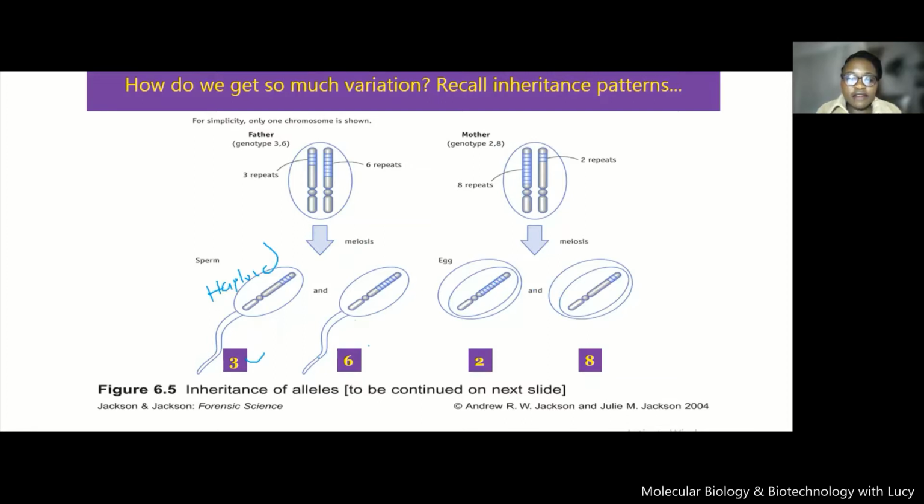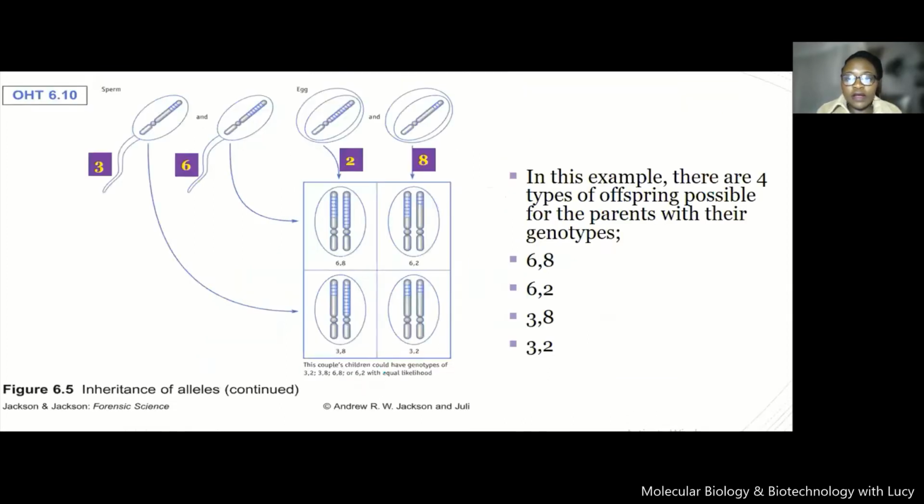And now once they have another generation, there is a combination of these, so we are going to have the combinations 6,2 and 6,8. And then we are going to have the combination of the other one, which is 3,2 and 3,8. So that is now the second generation.